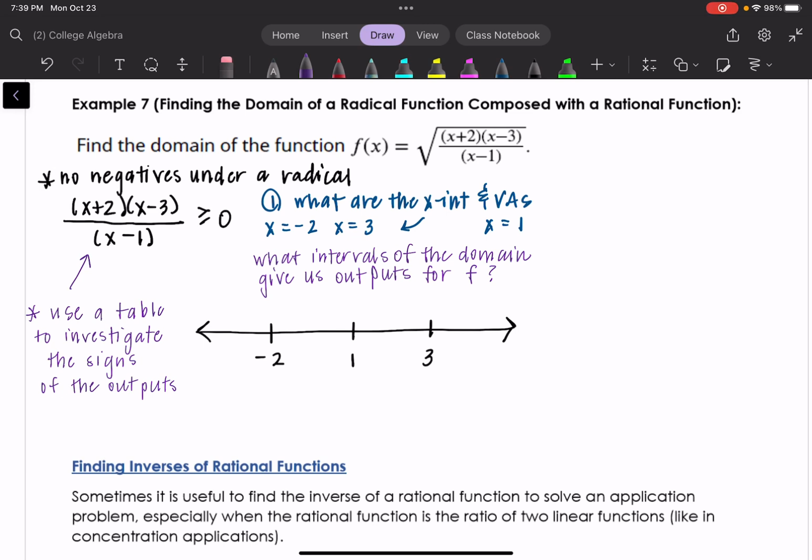I suggest making a step of maybe 0.1 or something very small, and we want to start on the left side of -2, so let's start at maybe -2.1. Then we're just going to scroll, and you want to pay attention to what the signs of the outputs are around each of these values.